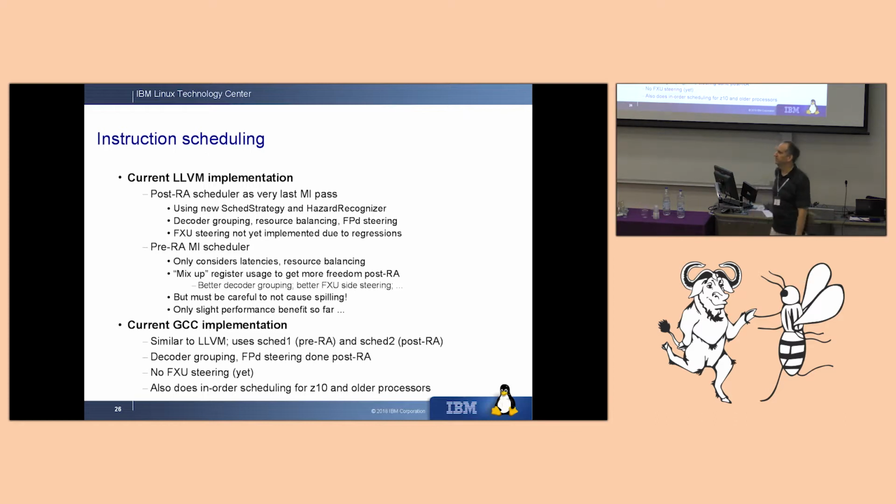So one question: would you think that pre-register allocation scheduling could be done on a higher level intermediate language, like in GCC on Gimple? Maybe. So really the only point of that is to make sure that we don't force things too close just because we already have decided to choose the same register for two independent things.